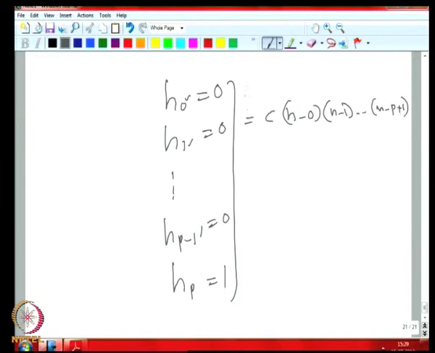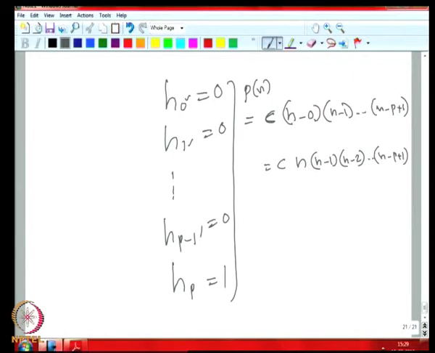P of n will look like this: some constant c times n into n minus 1 into n minus 2 up to n minus p plus 1. This is the way it will look.